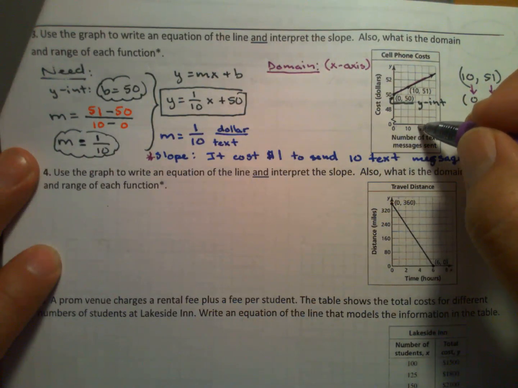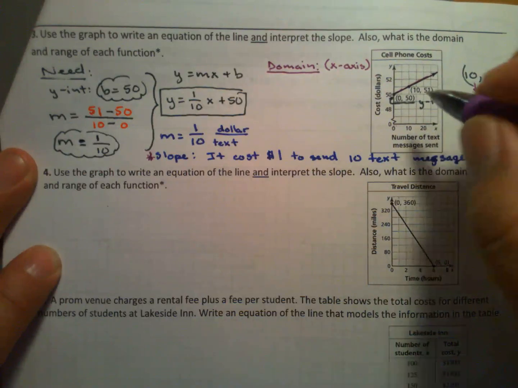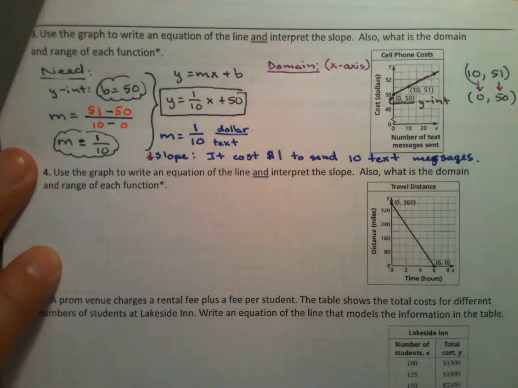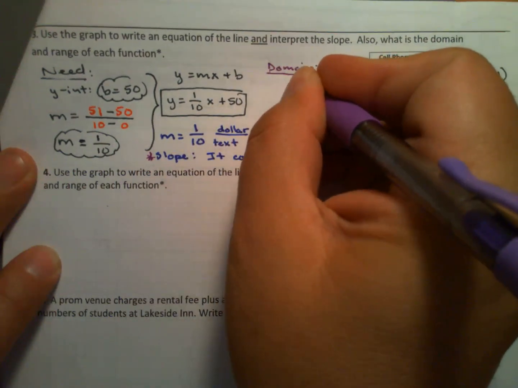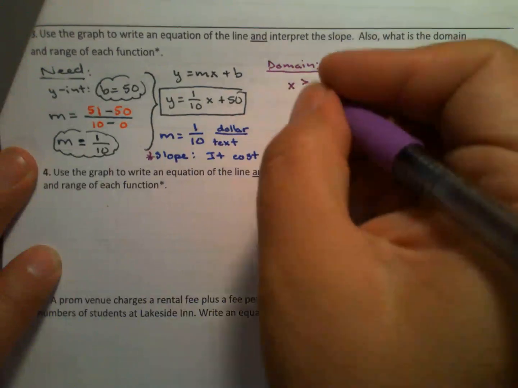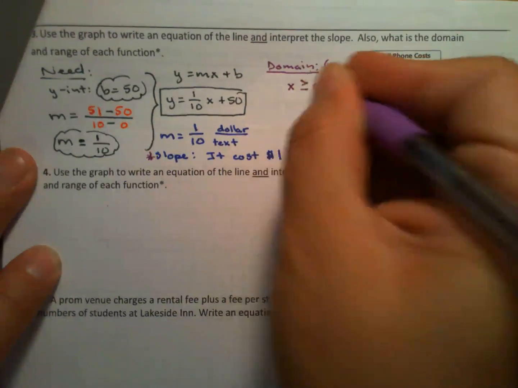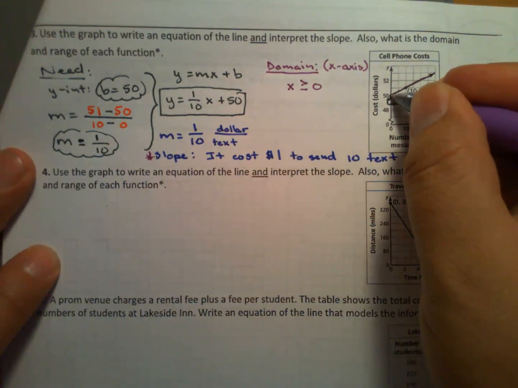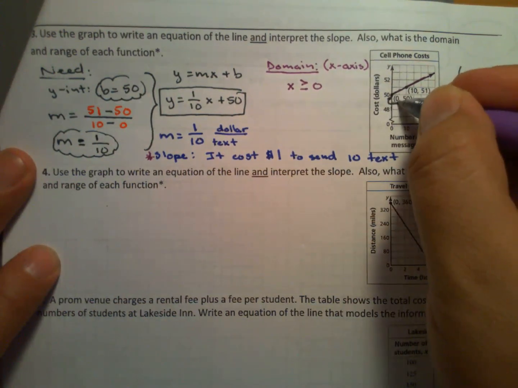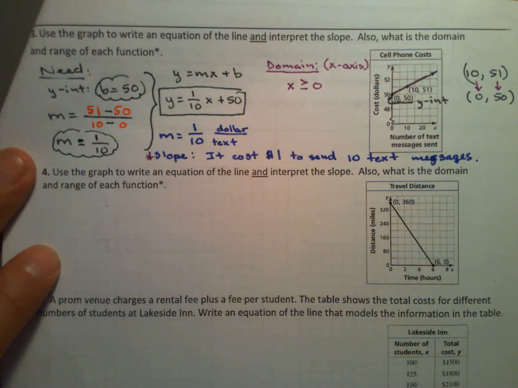Your numbers are just getting bigger and bigger as you go this way. So that's why my domain are the x values. So I'm looking at my x-axis, and any x that is greater, because they're getting bigger, or equal to 0. Why did I put an equal sign? Because I'm literally making contact right here. Look at that. There's an actual 0 in that point.